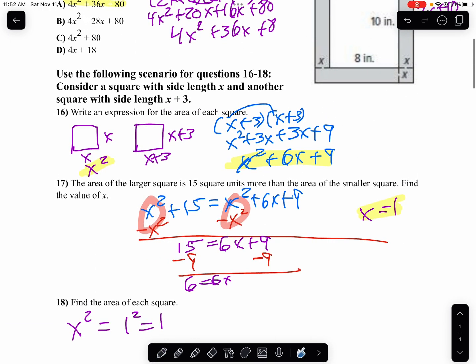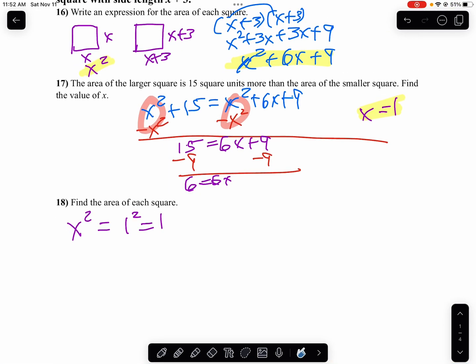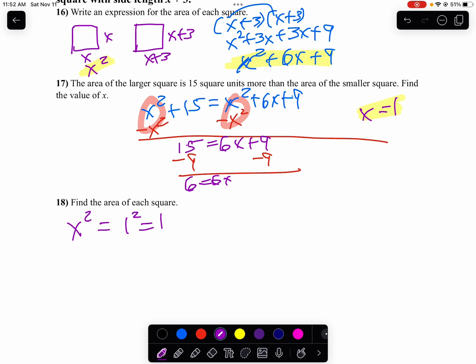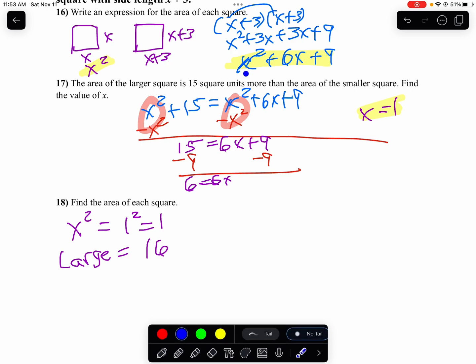Did I have any units with this? No, I did. So it's just 1. Now I will do the large square. Well, that's 15 more, isn't it? So my large square is 15 more than that, which is 16. Notice you could have replaced x with 1, and I got 1 squared plus 6 plus 9, and I get 16 no matter how you do it.